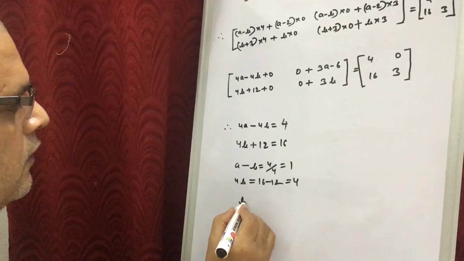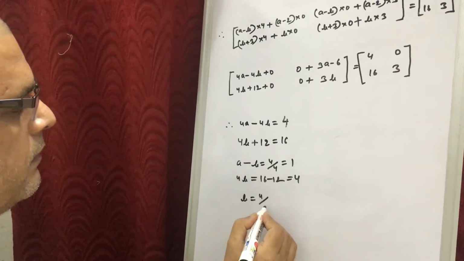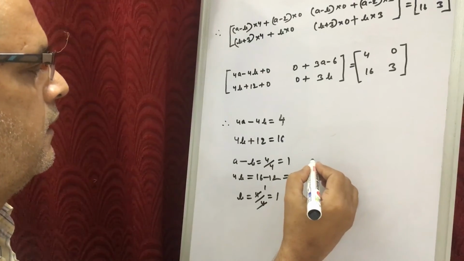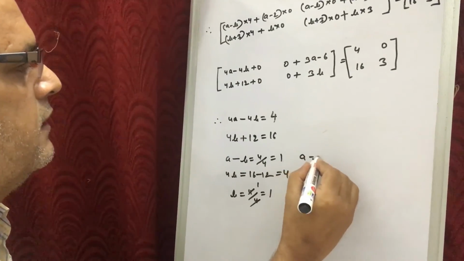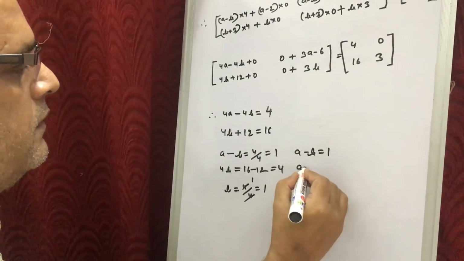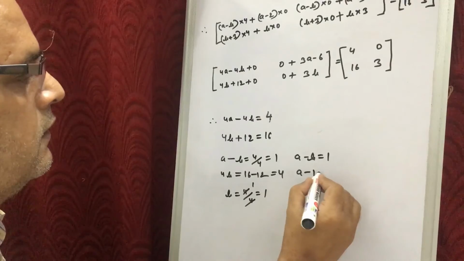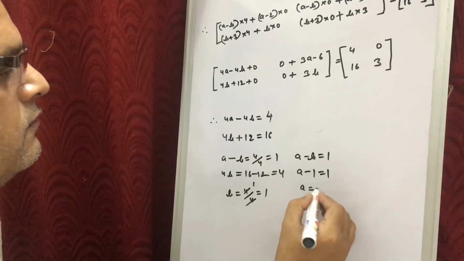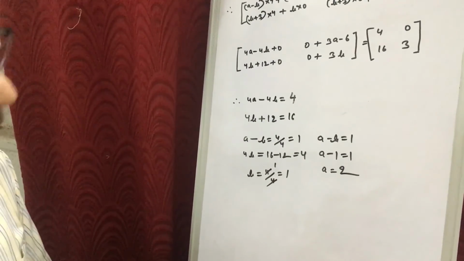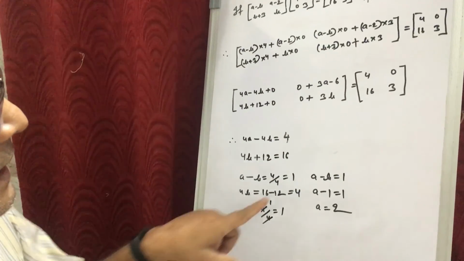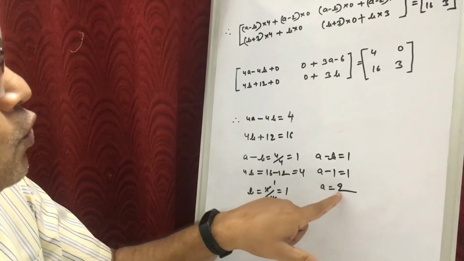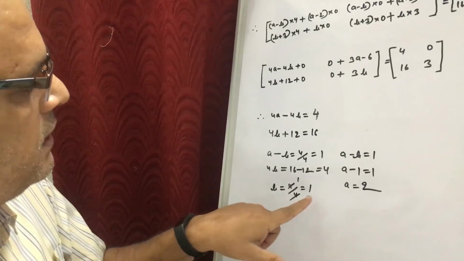So b is equal to 4 by 4, that is 1, and a minus b is equal to 1. So a minus 1 is equal to 1. So a is equal to 2. Value of a is 2 and value of b is 1.